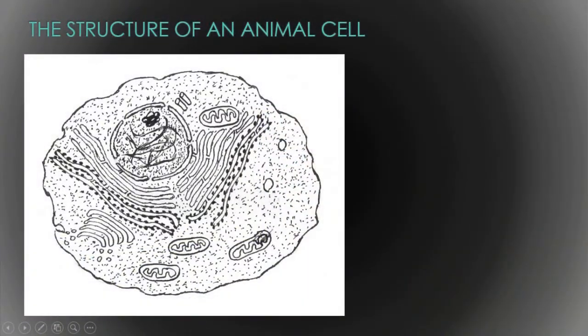So breaking it down then, we're going to look at the basic structures in an animal cell and what they do. Then we'll look at the structures that only occur in plant cells and have a look at what each bit does. Now, first up, back in the old days, GCSE level 2, you would have called this cell membrane.